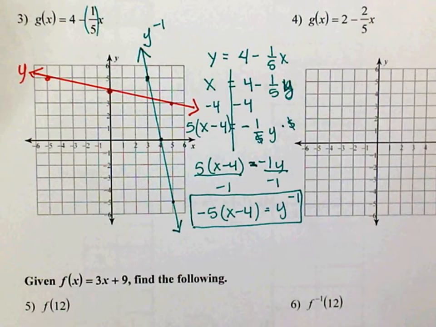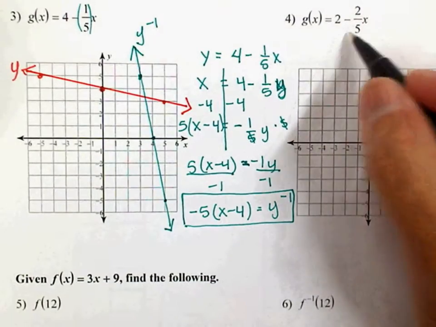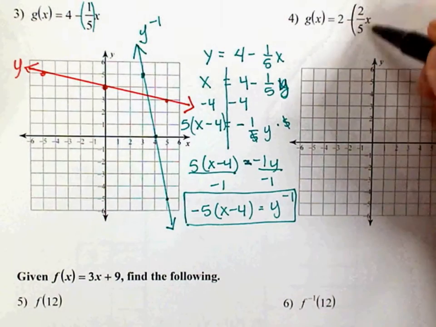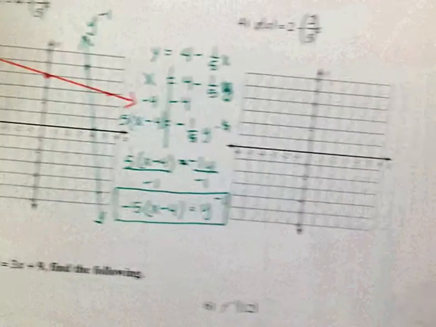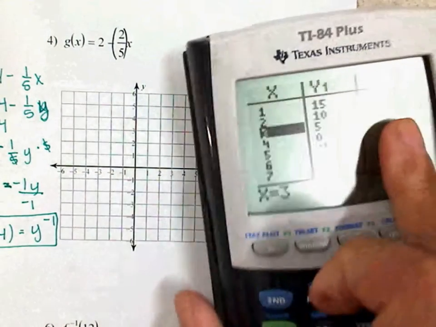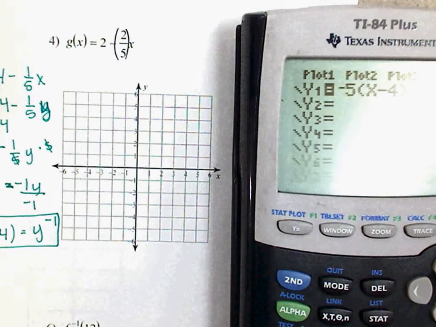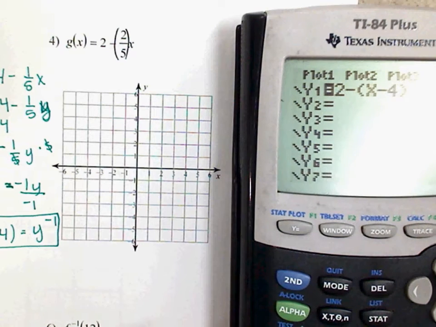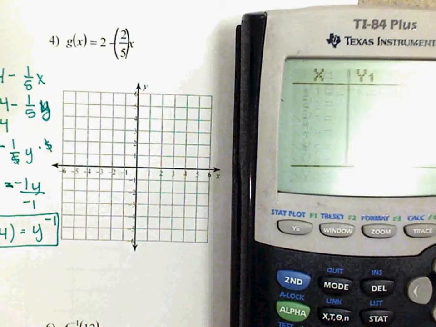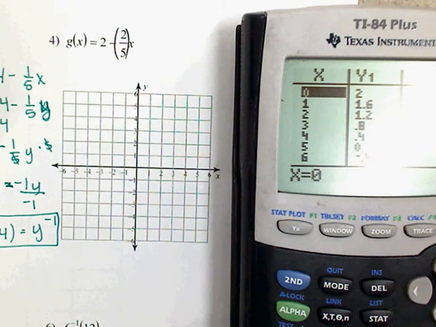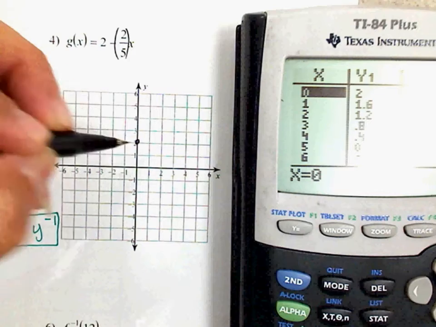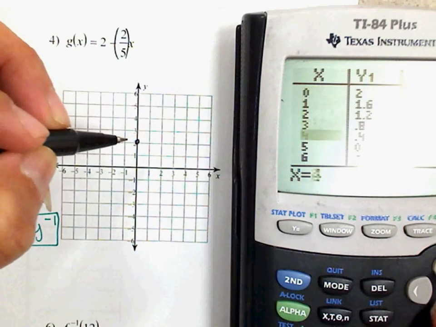Number 4. Graph that one first. Remember to put parentheses around them, and it'll be a lot easier for you. Okay? So here we go. Y equal 2 minus parentheses, 2 divided by 5, x. Graph. Let's go find some easy numbers. 0, 2. 5, 0.